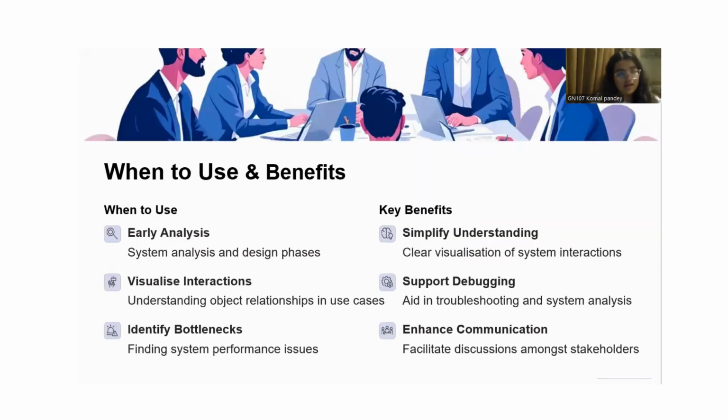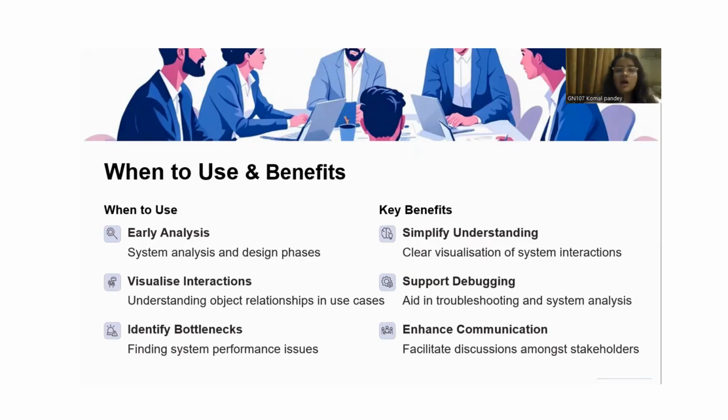Moving on to the next slide: when to use and the benefits of a collaboration diagram. Collaboration diagrams are mostly used in the early stages of software development. They help us see how objects work, clarify requirements, and identify potential designs. They're also great for sharing the system design with stakeholders like developers, designers, and project managers.